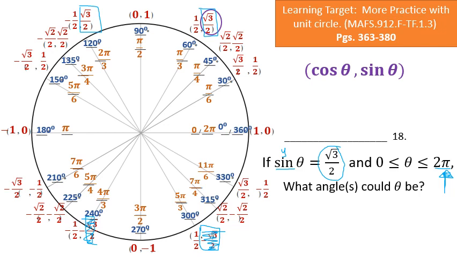Does that make sense? So the answer is pi over 3. It's also this other angle over here, another positive square root of 3 over 2 for the sine. So it's 2 pi over 3. Those are the two answers, pi over 3 and 2 pi over 3, the two angles where the y value is the positive square root of 3 over 2.